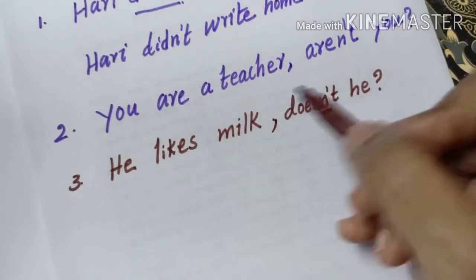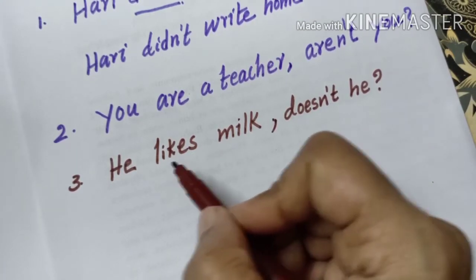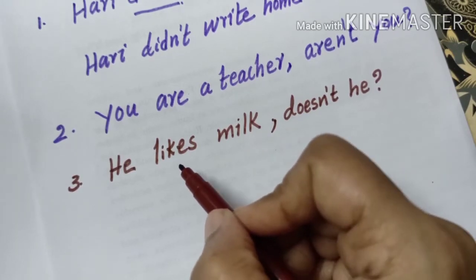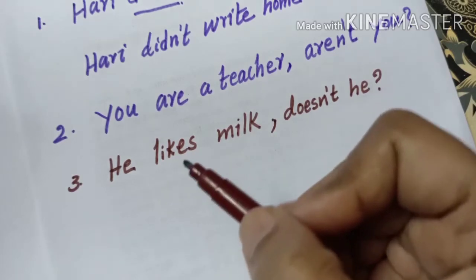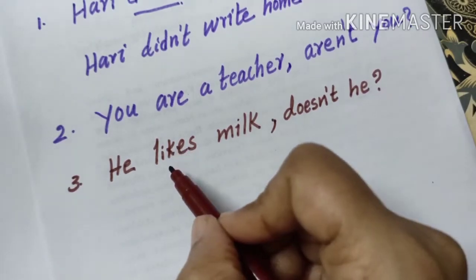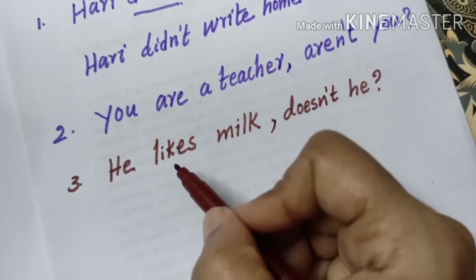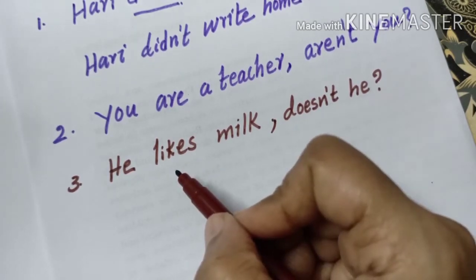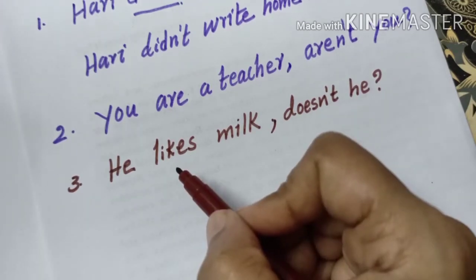If the auxiliary verb is absent, here there is no auxiliary verb, so we have to go through the main verb, in which tense. It is in simple present tense, which means the V1 form is used here. So when V1 is there, we will use do or does.